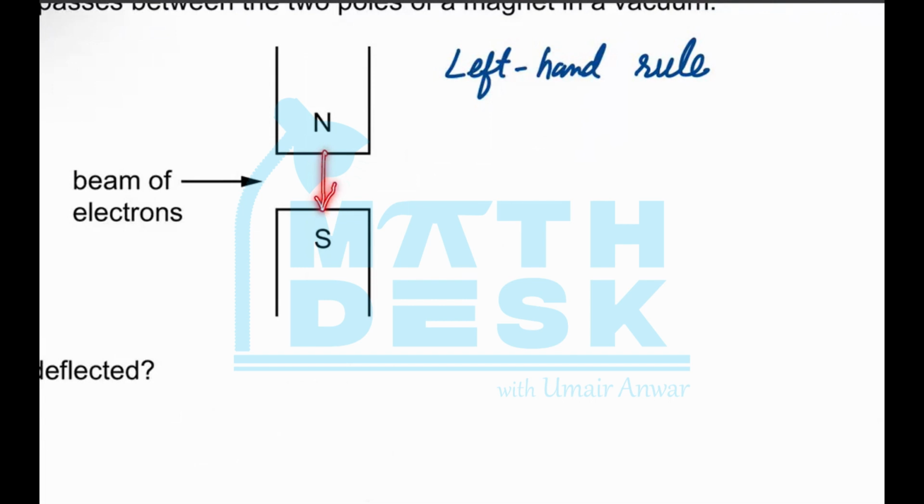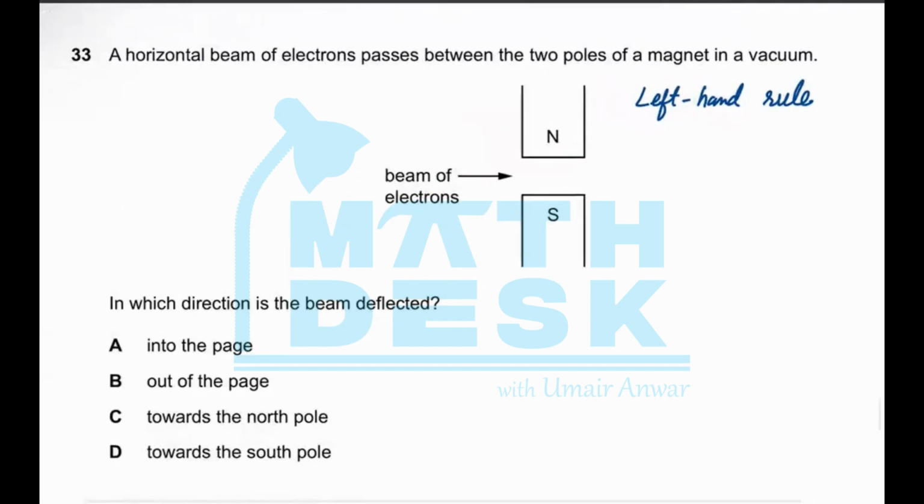So conventional current or the positive flow of the charges would be in the opposite direction as the direction of the beam of electron is given. So the direction that comes out to be is into the page for the positive charges, and for the beam of electron, it would be opposite and it would be out of the page. So the correct option in this scenario would be out of the page.